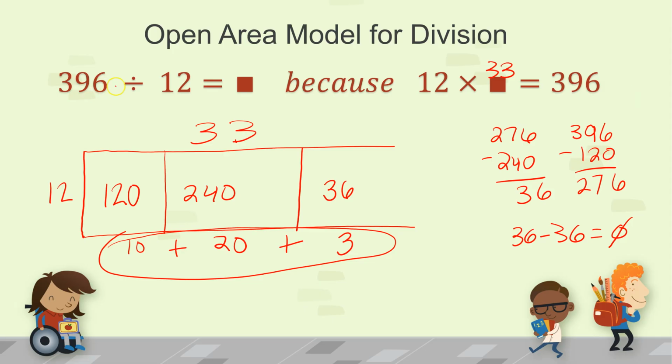Therefore, 396 divided by 12 is 33. That's the open area model. We leave it open because we don't know when it ends, and we're just trying to go until we cannot have any left. And that is the open area model.